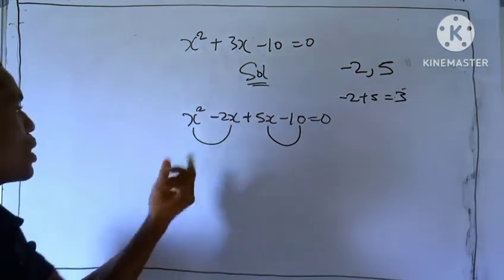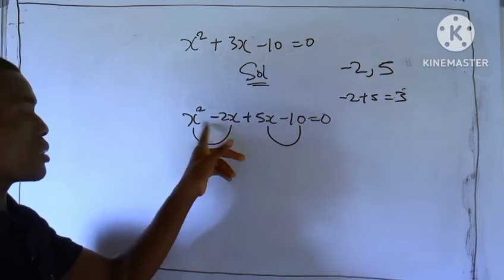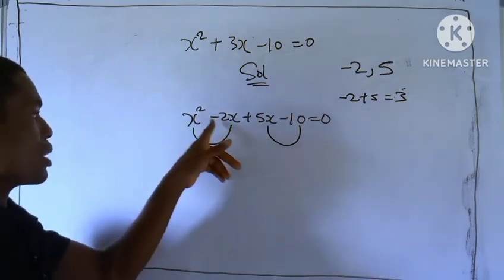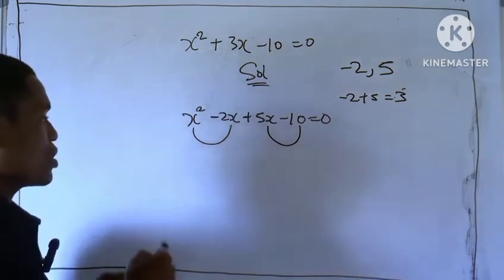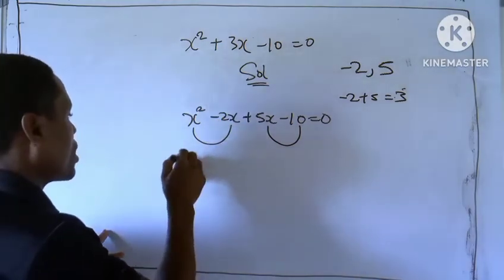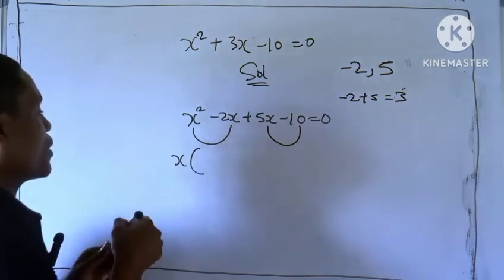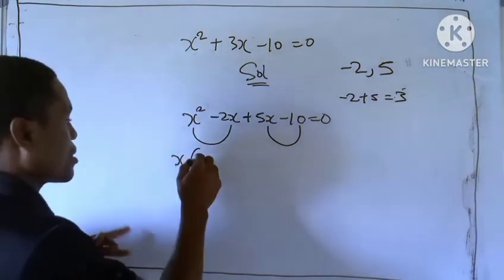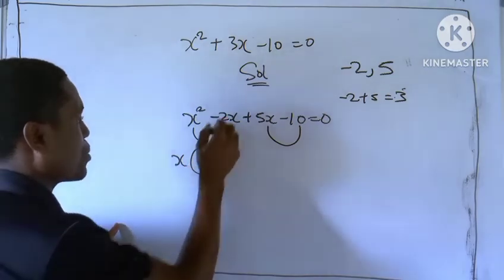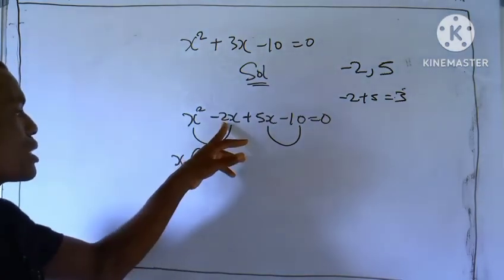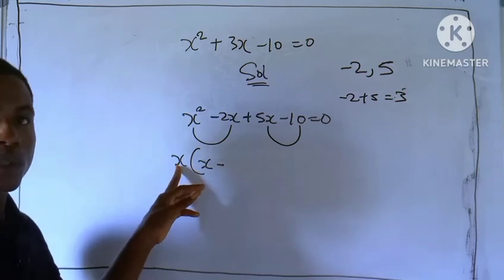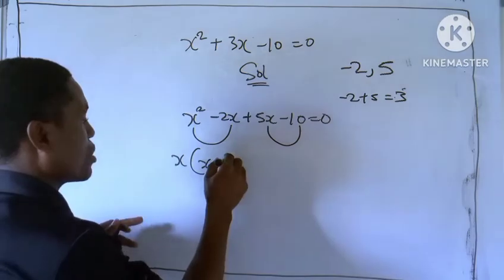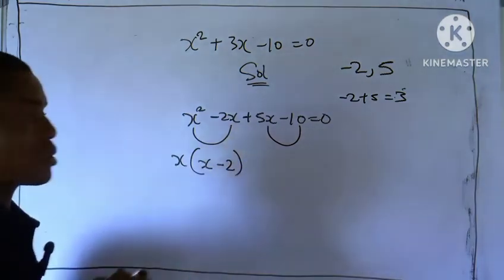Okay, so let's factor out x from this given term. We have x squared minus 2x, right? So if you factor out x here, x squared divided by x is what? Is x. Minus 2x divided by x is what? To remain only minus 2, bracket close.